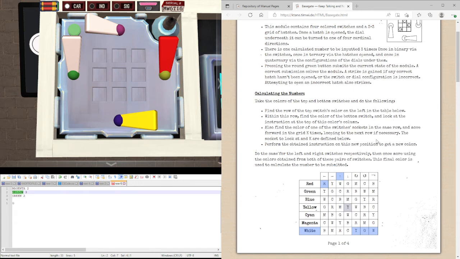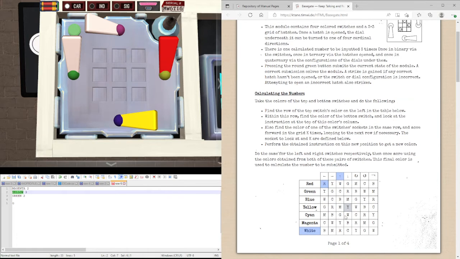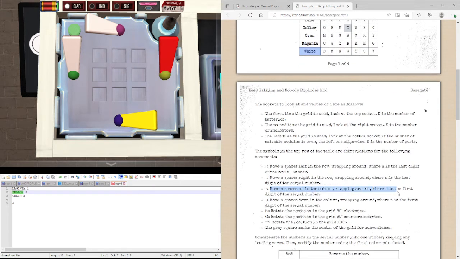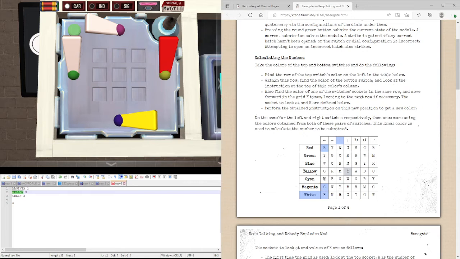The top row is adjacent to the bottom row. Then we're going to apply this rule, which is move n spaces up, where n is the first digit of the serial number. The first digit of the serial number is 6, so 1, 2, 3, 4, 5, 6. So our second colour is yellow.